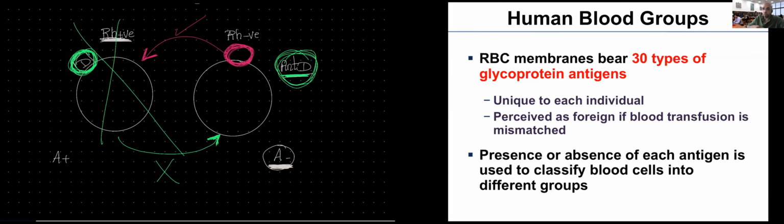Even for her first pregnancy, if you did already give her a blood transfusion using Rh positive, she has already developed antibodies against the antigen D. All right, so the very first baby in this case will develop erythroblastosis fetalis. Does this make sense?